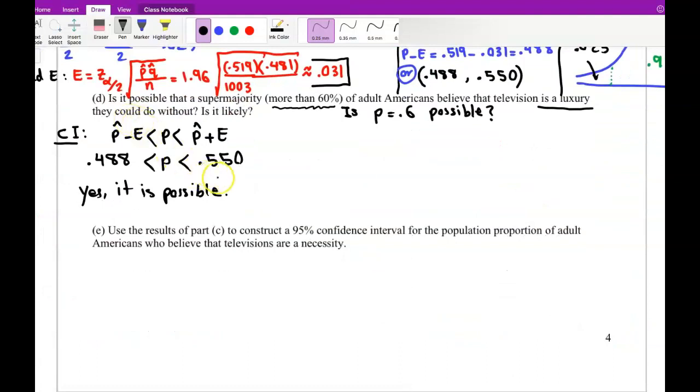The answer is yes, it is possible because we are very close to 100% confidence.